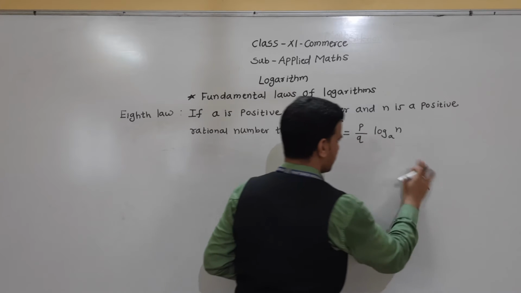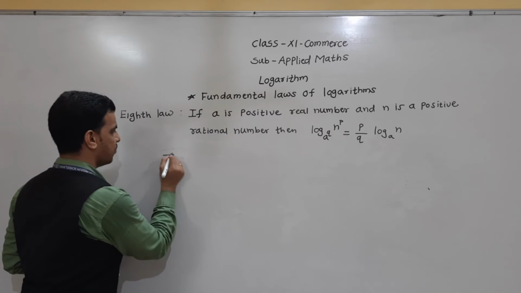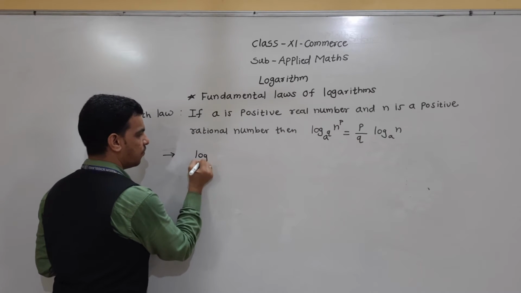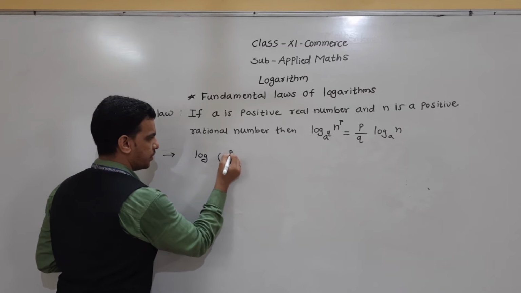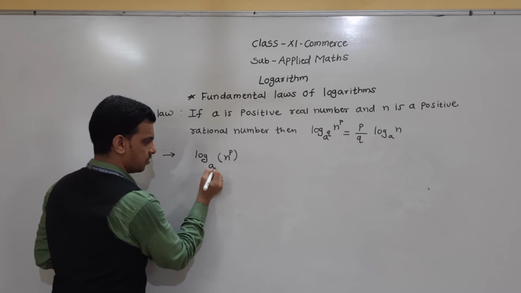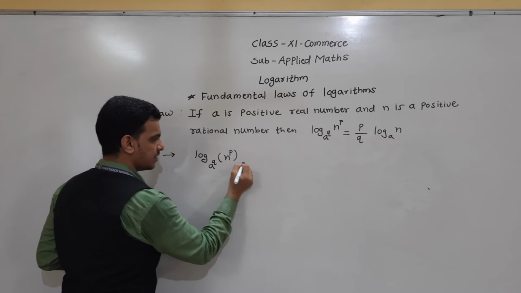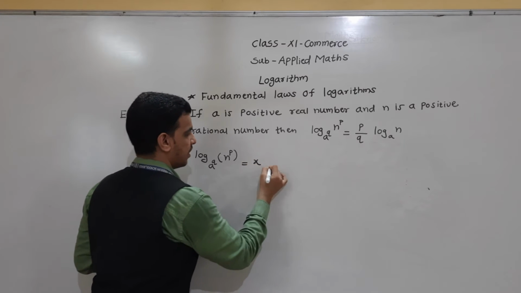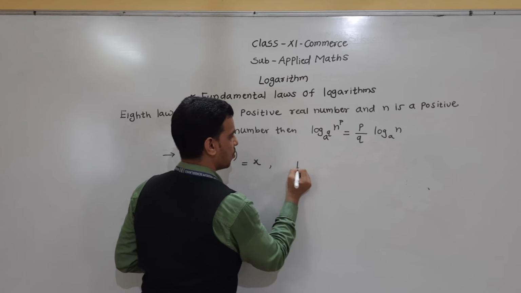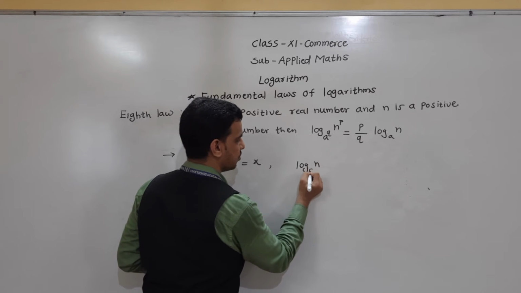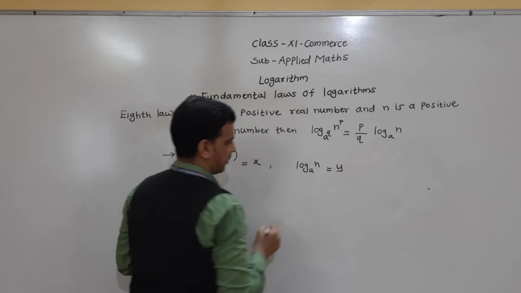So how do we prove this law? We have to suppose that log of n raised to p to the base a raised to q is equal to x, and log n to the base a is y.